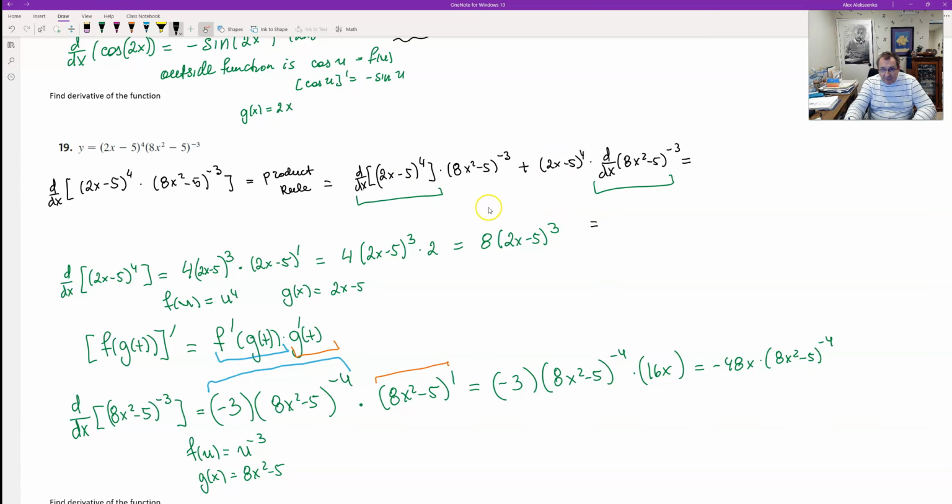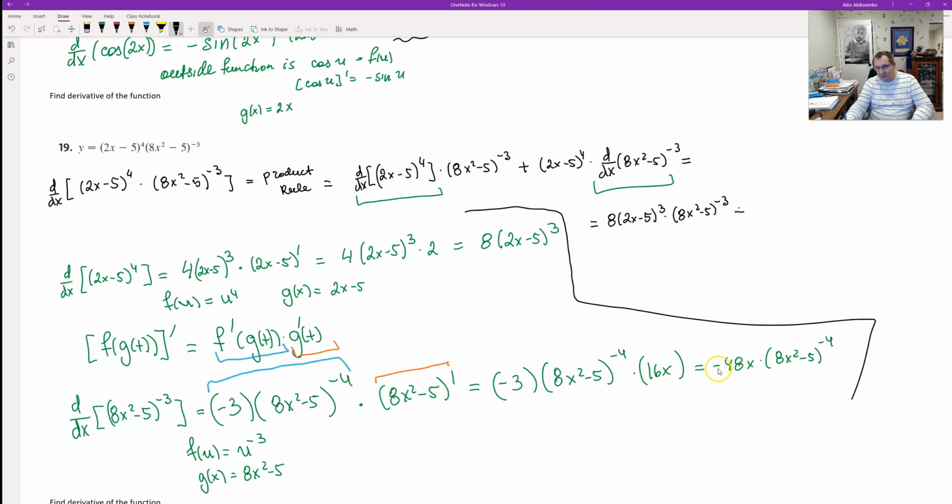So instead of the first derivative, we have 8(2x minus 5) raised to degree 3 multiplied by (8x squared minus 5) raised to degree negative 3. And here I notice that this minus will bounce up front.